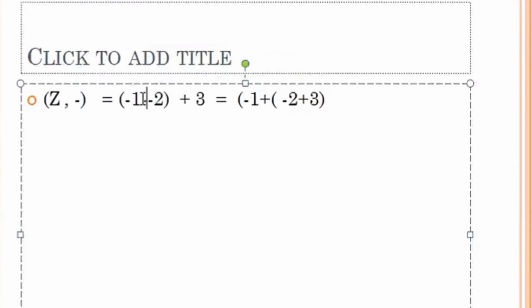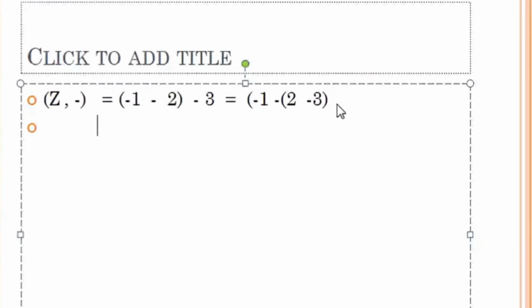Let's see how it makes a difference. Let me take a simple one with plus 2.